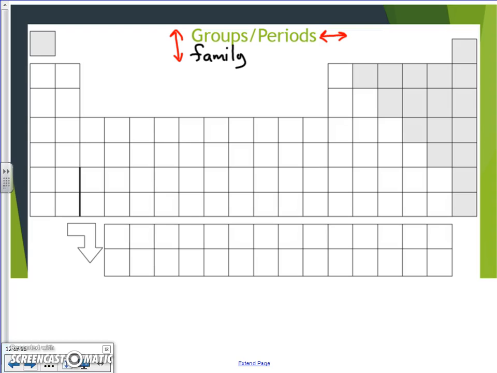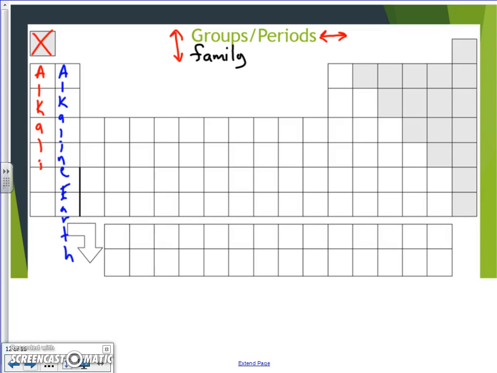So some specific names. If we leave out hydrogen up here, this first column is called the alkali metals, A-L-K-A-L-I. The second column is called the alkaline earth metals, A-L-K-A-L-I-N-E, E-A-R-T-H. Our D block in the middle doesn't really have anything fancy other than that.